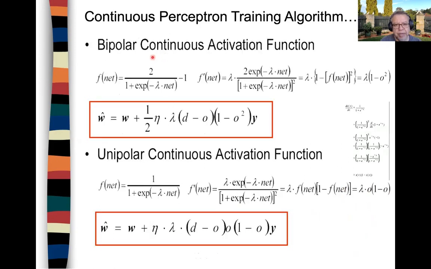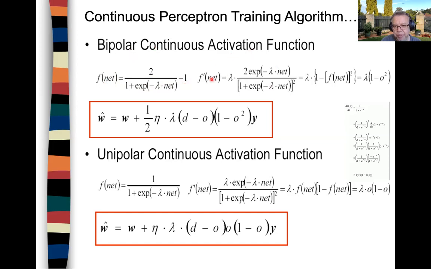So in the case of the bipolar continuous activation function, where bipolar means that we have +1 and -1, we're going to have f(net) equal to 2 over 1 plus exponential of minus lambda net, the net activation, because that's the input to the activation function here.